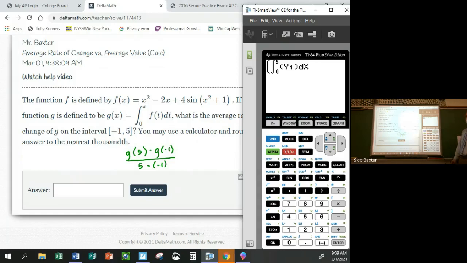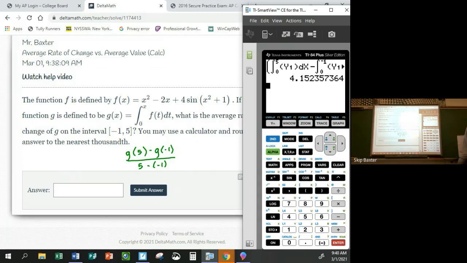So that's g of 5, minus g of -1, which is math 9, the integral from 0 to -1 of variables, y variables, function 1, dx. So that's the numerator. I'm going to close parentheses, divided by 6. And that's it. So the answer would be 4.152.